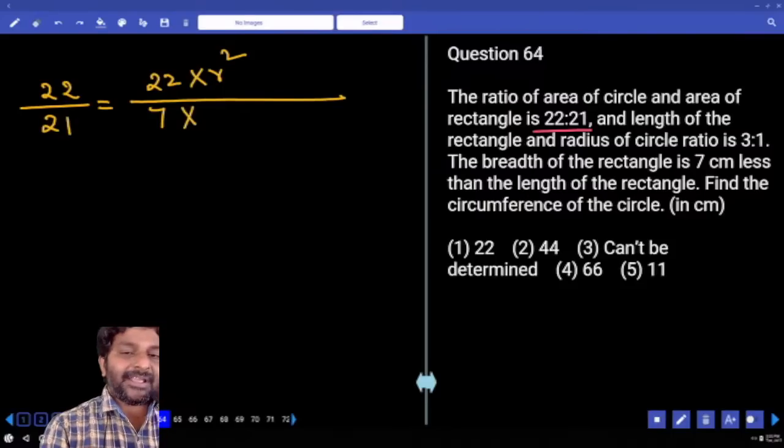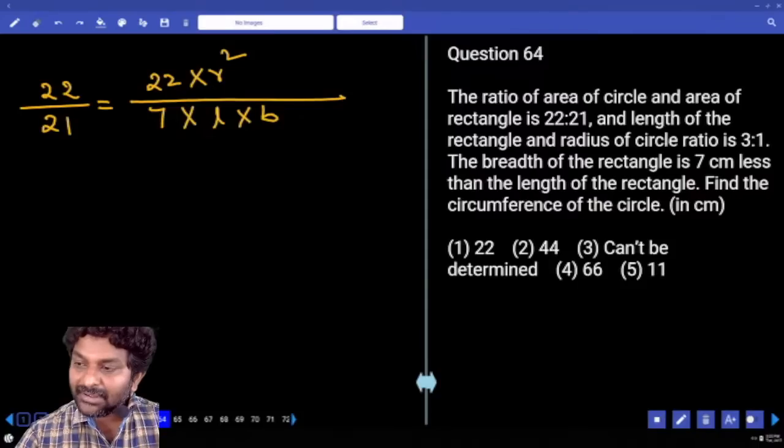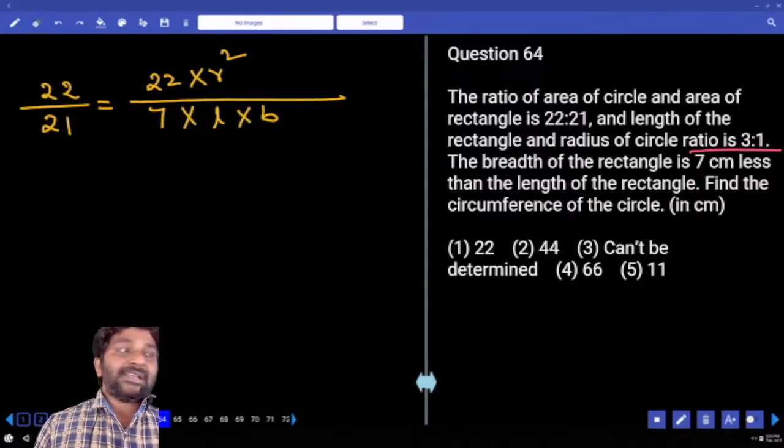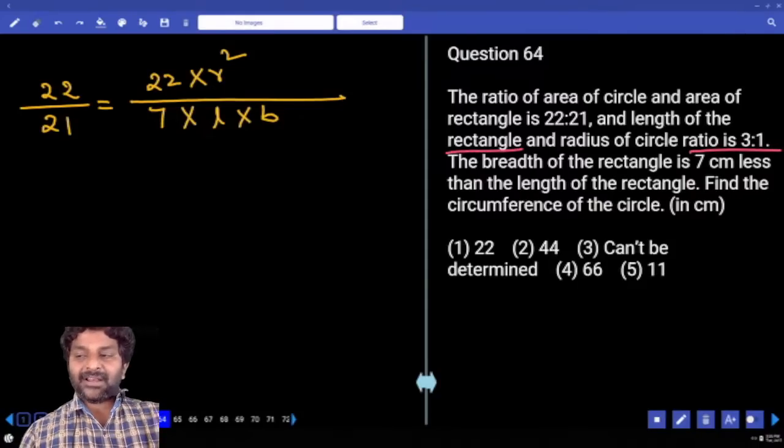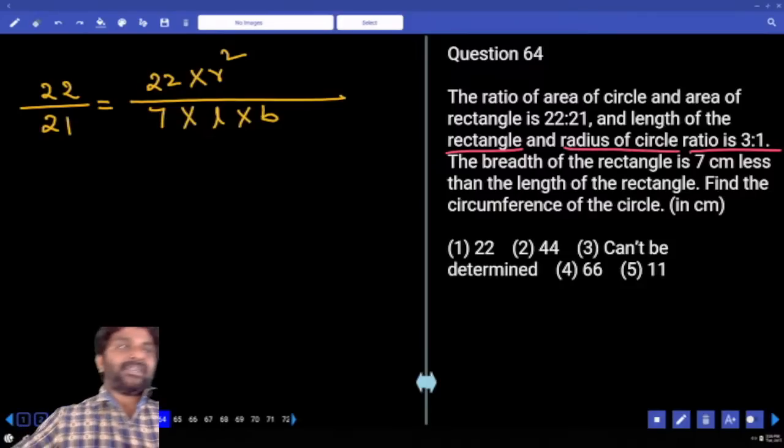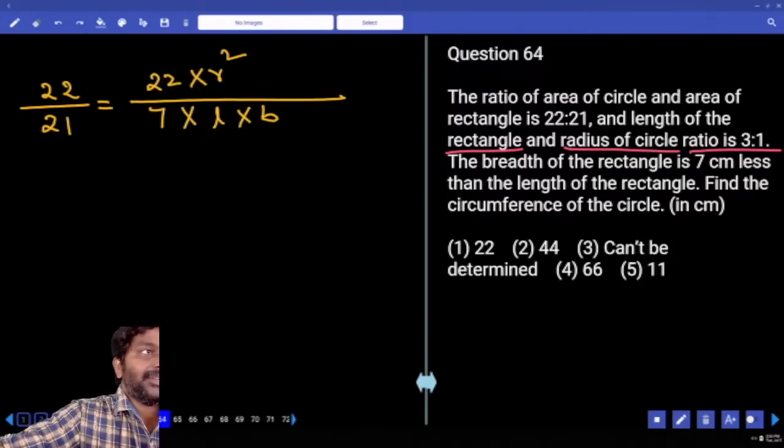Denominator, area of the rectangle is length into breadth. Done. 3:1 is the ratio between the length of the rectangle and the radius of the circle. So what is length in terms of ratio? 3 parts. Radius, 1 part.